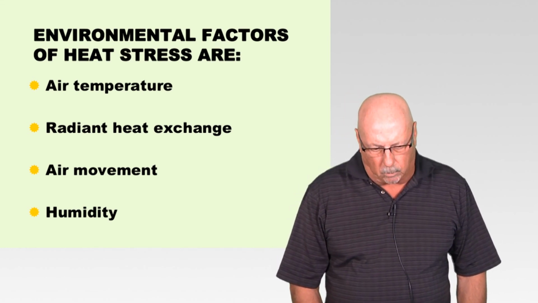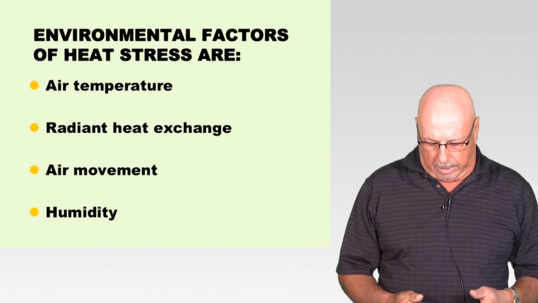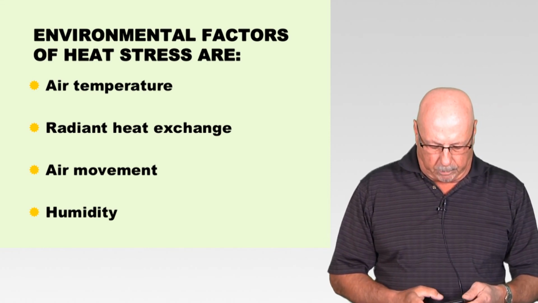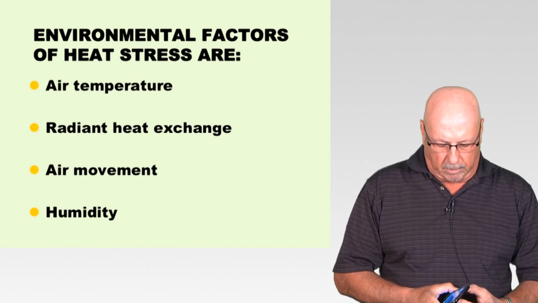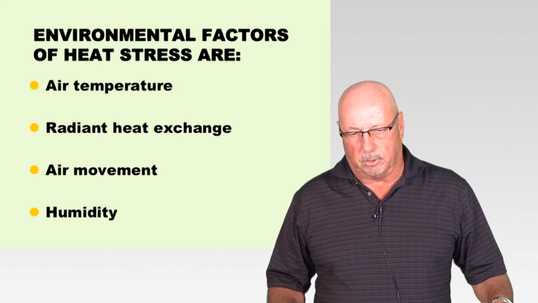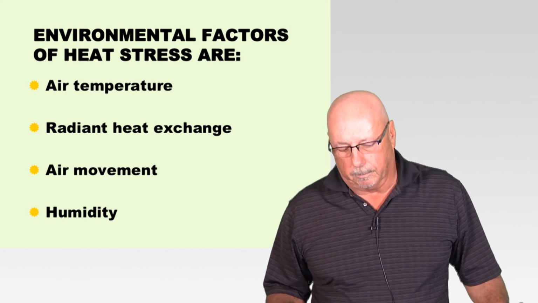When we go about evaluating heat stress conditions, there are some environmental factors that come into play. And primarily, there are four environmental conditions that we need to be aware of. The first is just your air temperature, your ambient temperature in the outdoor air.